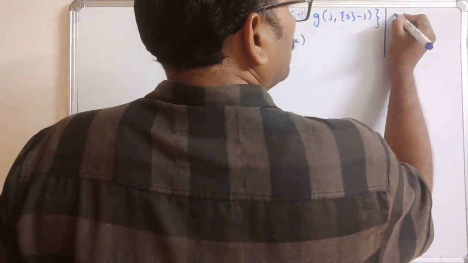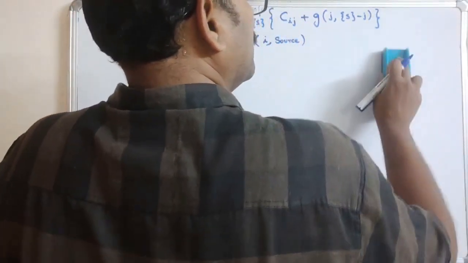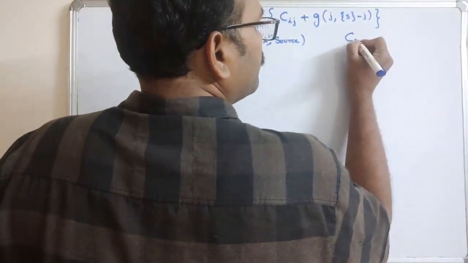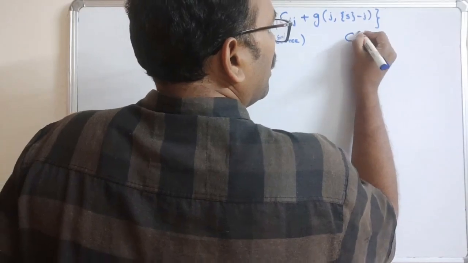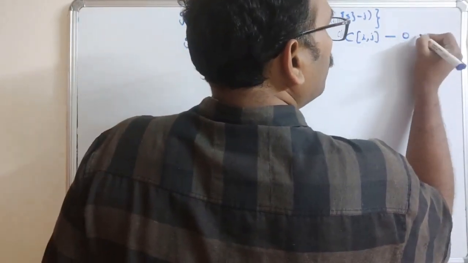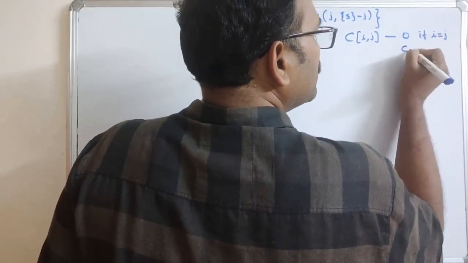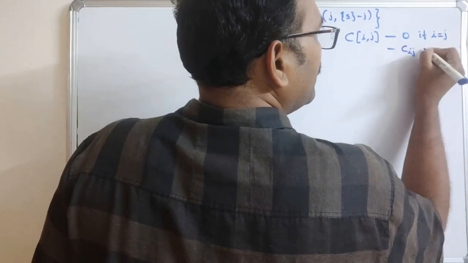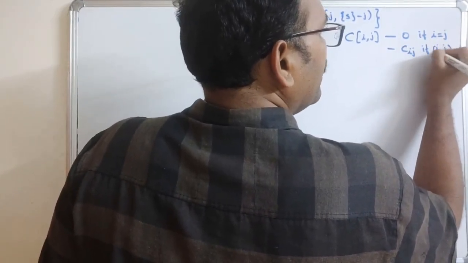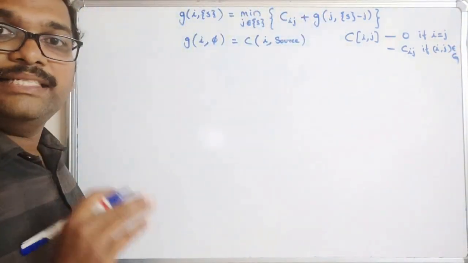And remember one more thing, cost of I comma j becomes 0 if I equals j, and becomes cost of ij if the edge ij belongs to the graph.